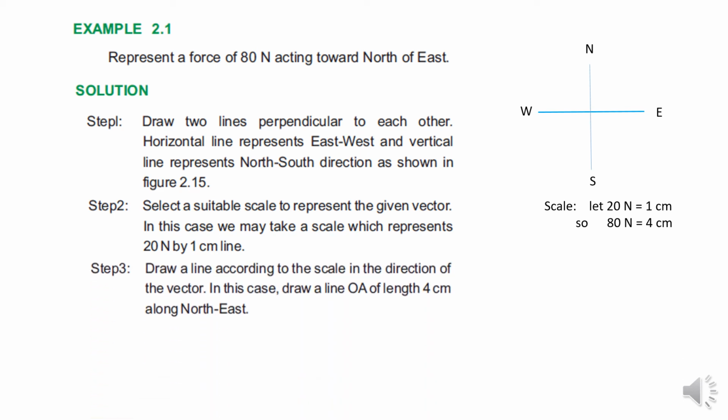In the third step, according to the scale, in the direction of the vector, in this case, draw a line OA of length 4 centimeter along north-east. Here we have taken the coordinate system north, east, west, south.